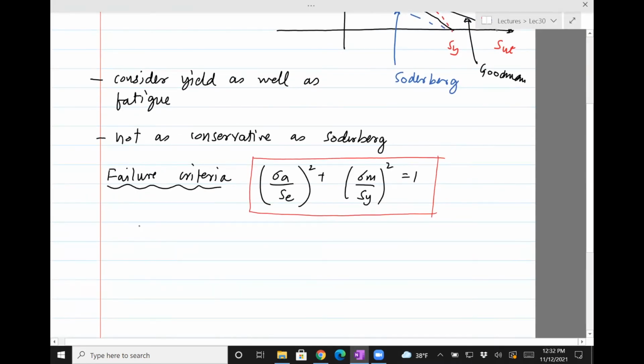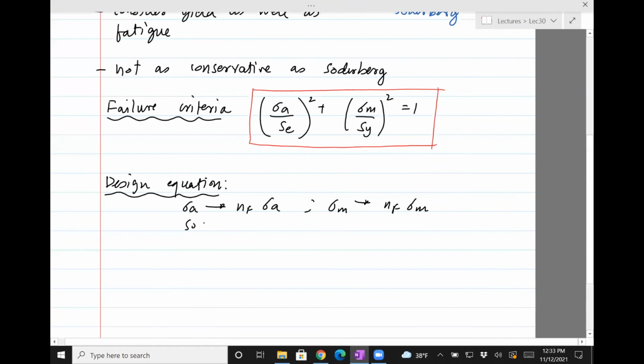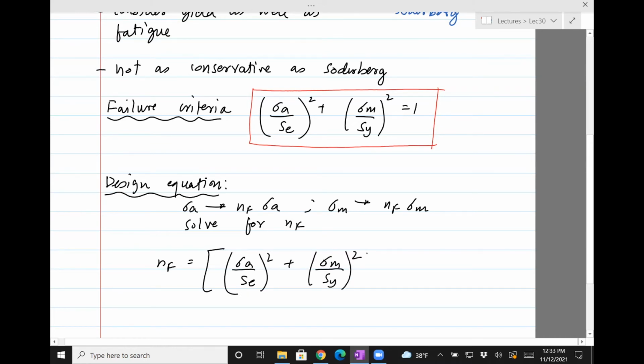If you want to use it for design, the same thing we did before: sigma A is replaced with NF sigma A, sigma M is replaced with NF sigma M, and then we solve for NF. To do that, you get NF equals sigma A divided by SE, squared, plus sigma M divided by SY, squared, and the whole thing has to be raised to negative half.